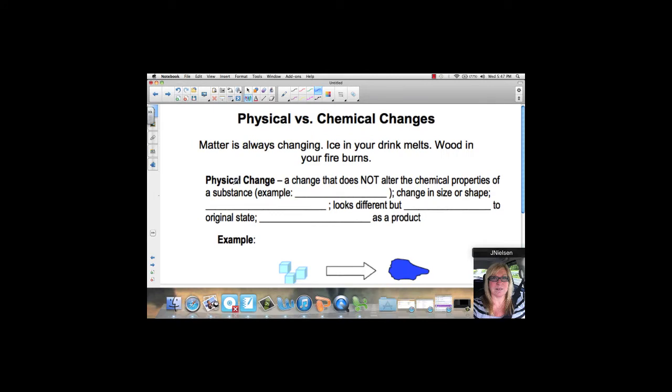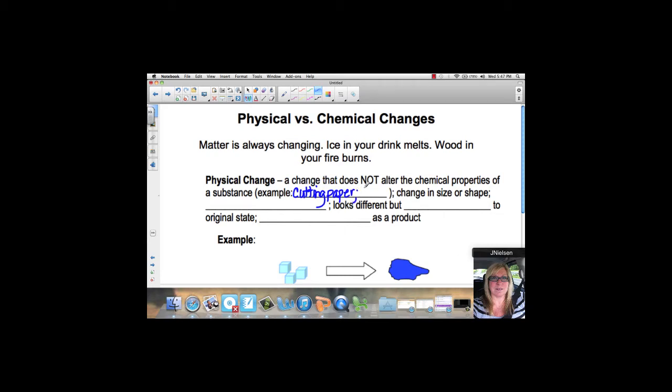Matter's always changing. Ice in your drink melts, wood in the fireplace burns. Well, a physical change is a change that does not alter the chemical properties of a substance. For example, cutting paper. If I cut a piece of paper into a bunch of little pieces, I still have paper.